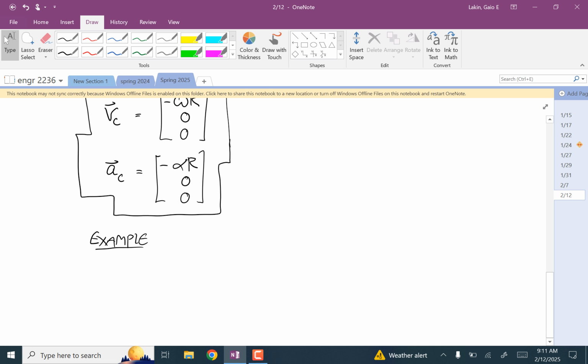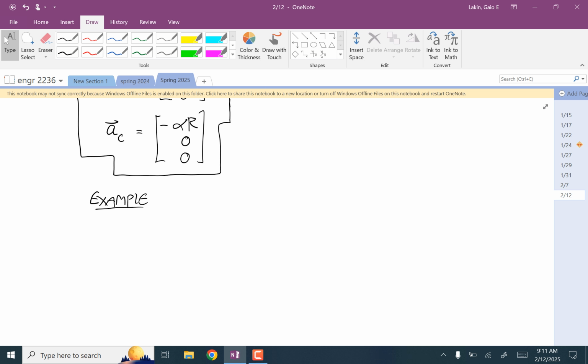Okay, so let's do a calculation. Let's say we have an object rolling along a surface like this.